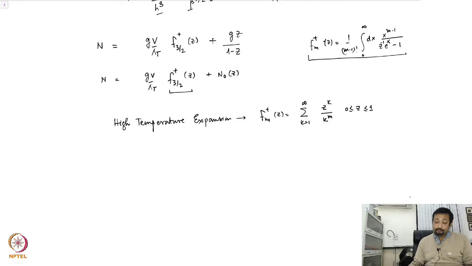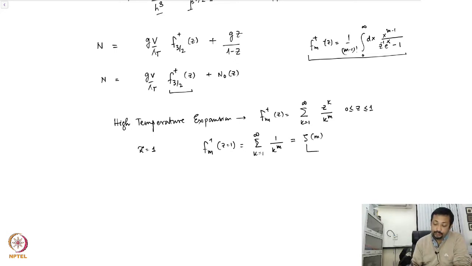One should note that if I set z equal to 1, then F m plus of z equal to 1 becomes the sum over k equal to 1 to infinity of 1 over k to the power m, and this is zeta of m, where the zeta function is the Riemann zeta function.